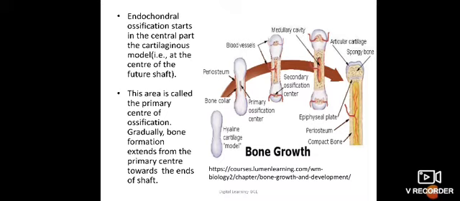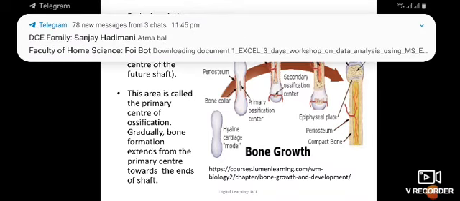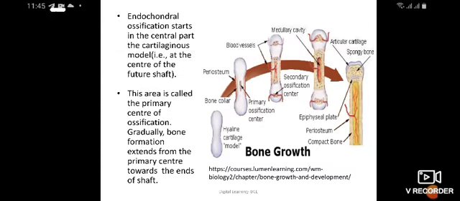In this picture, you can see in the different stages how bone growth occurs from hyaline cartilage to the compact bone. This area at the center of the shaft is called the primary center of ossification.